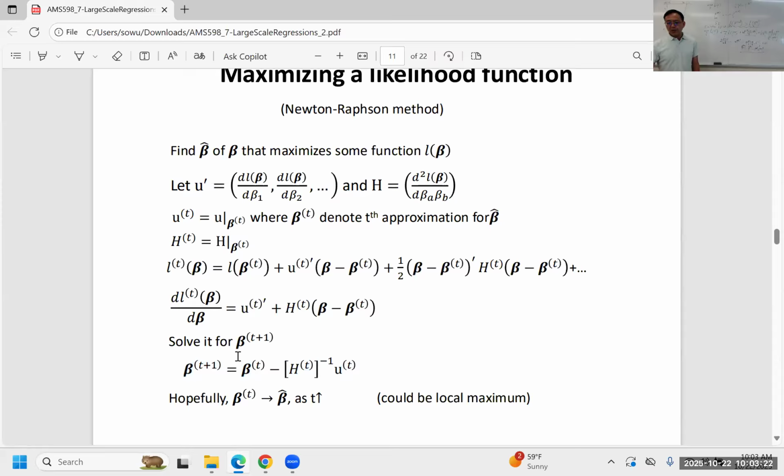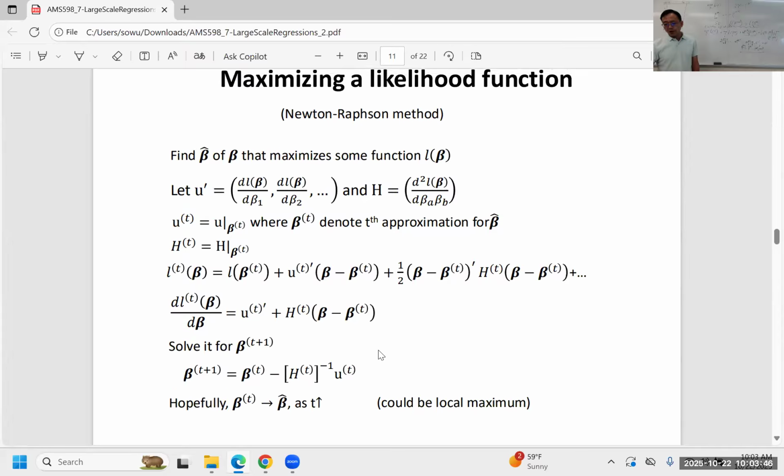If we start with some beta and update beta t iteratively using this sequence, then it's guaranteed your likelihood function is going to increase in every single step until you reach a point where you cannot increase your function anymore. That's your maximum point.